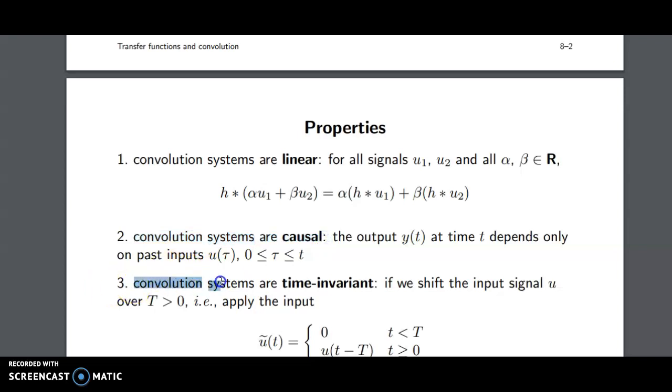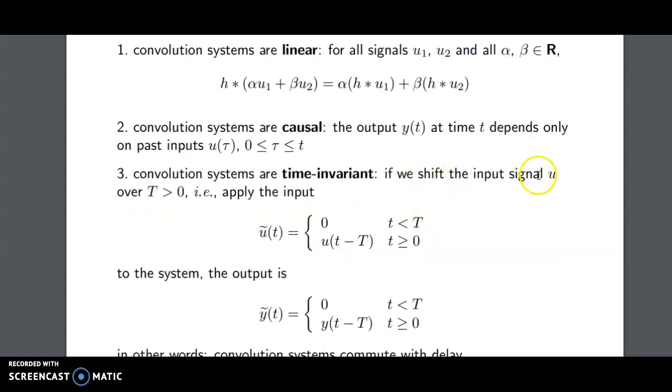Number 3, convolution systems are time invariant. If we shift the input signal u by capital T greater than 0, you apply this. Logically, if we say t less than 0, there is no such thing as t less than 0, so u(t) equals 0.